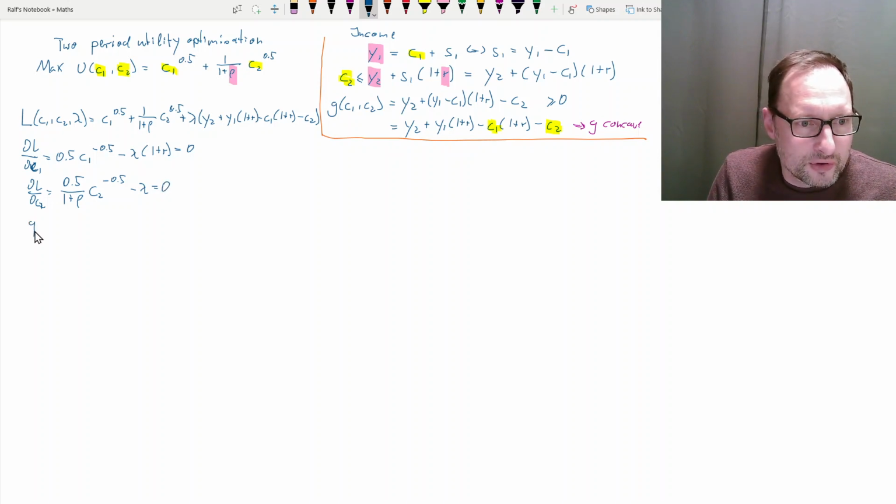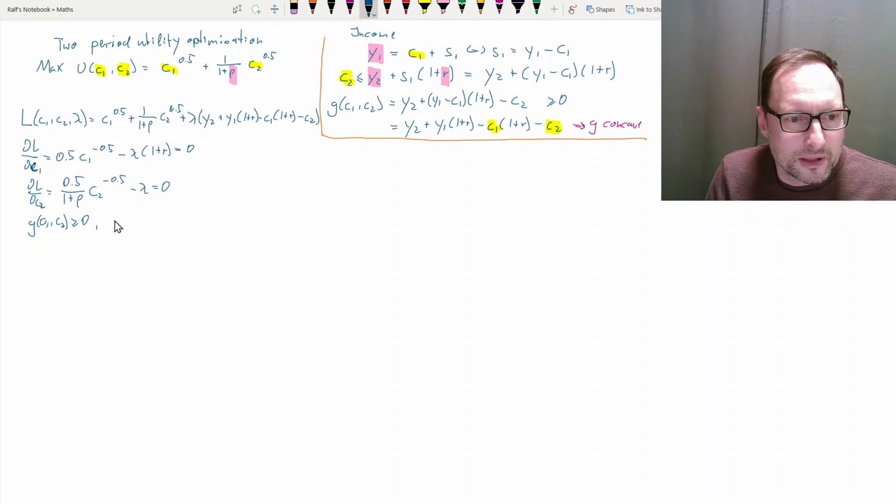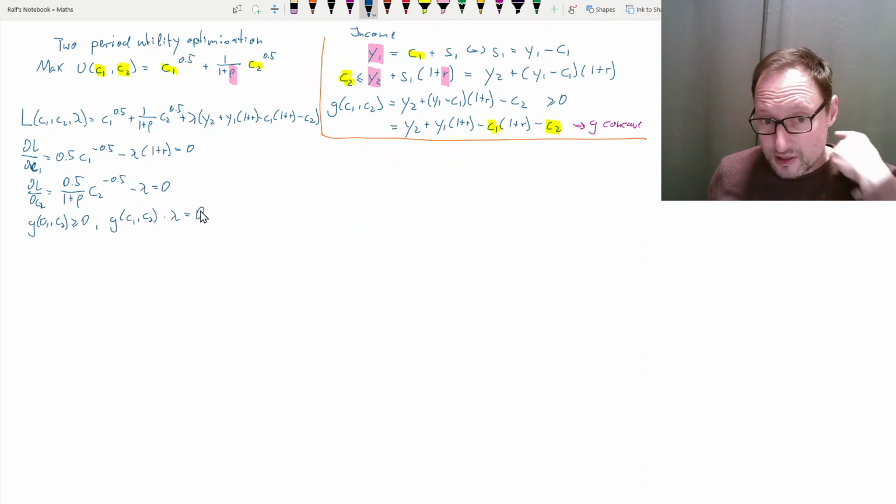And further, of course, we need our constraint, c1 and c2 to be larger or equal to 0, and the complementary slackness condition that the constraint times the Lagrangian coefficient is equal to 0.